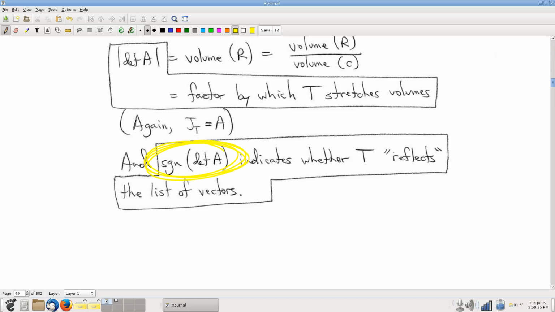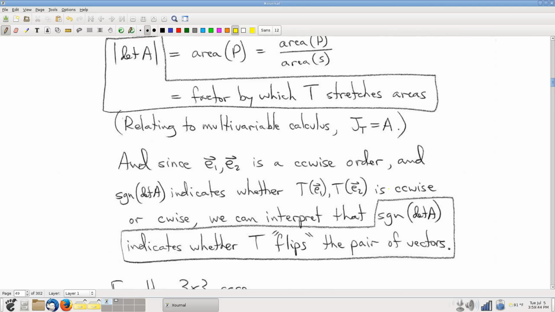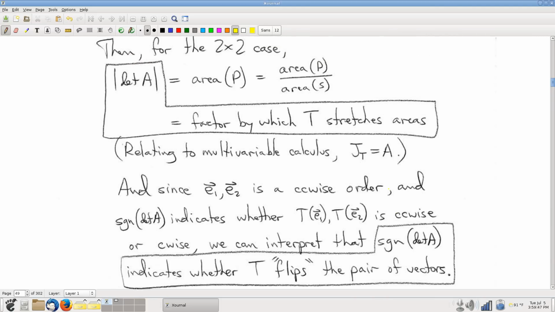If this sign is negative, that would mean that the vectors are in left-hand order, which means that they are a reflection of sorts of the standard basis vectors, combined with other manipulations, but there would have to be a reflection in there somewhere. So these are our new interpretations of these old Math 212 facts.